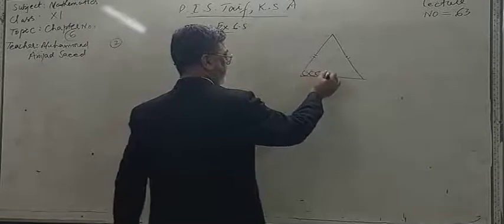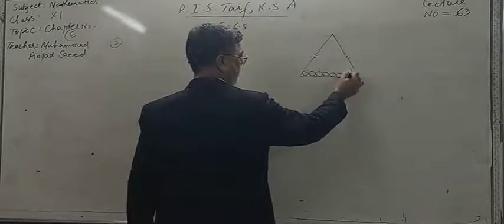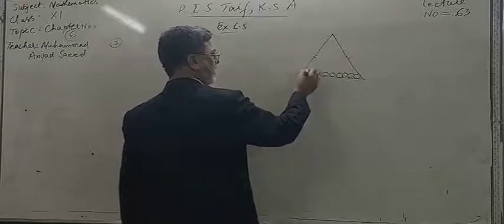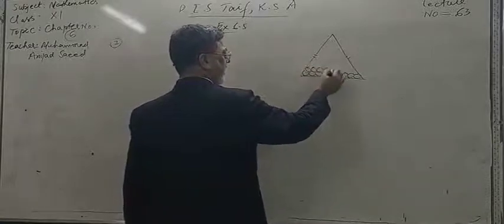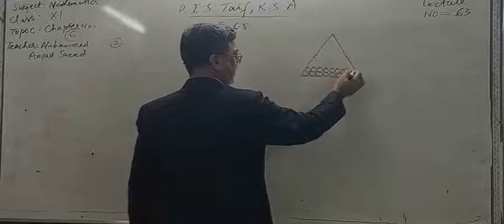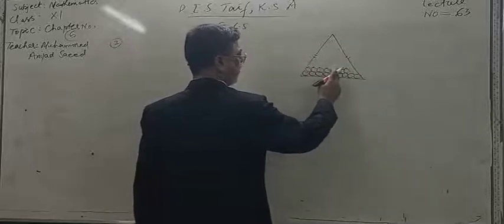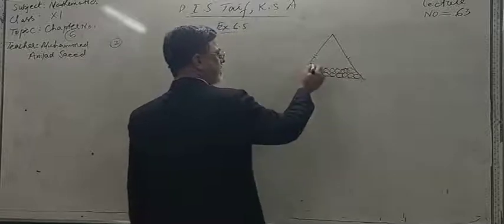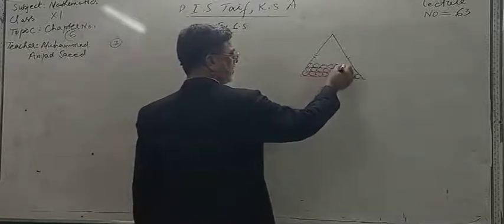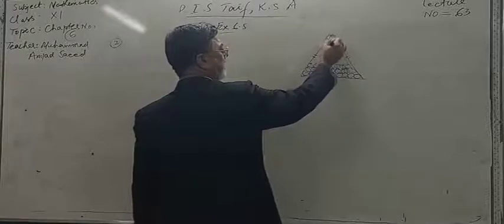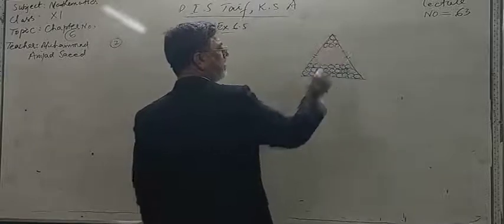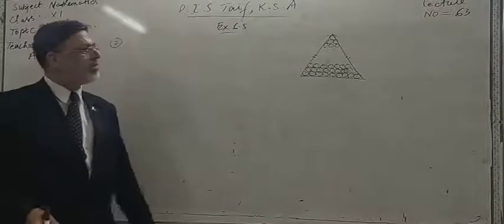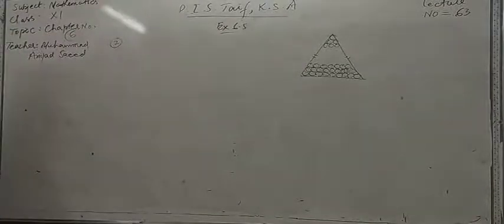If for example the base contains 1, 2, 3, 4, 5, 6, 7, 8, 9, then above that there will be 8, decreased by 1. Then next is 7. And here is 1 and then 2 and this is 3. This is the way to plant the trees in a triangular shape.